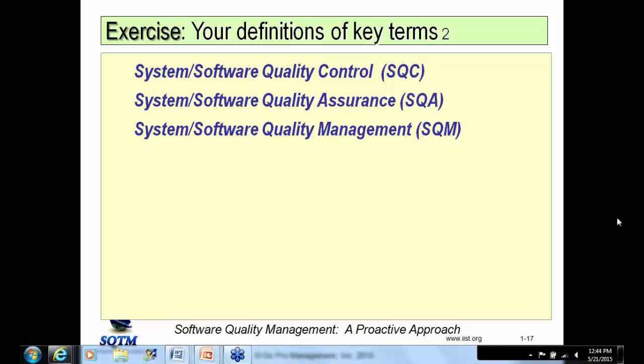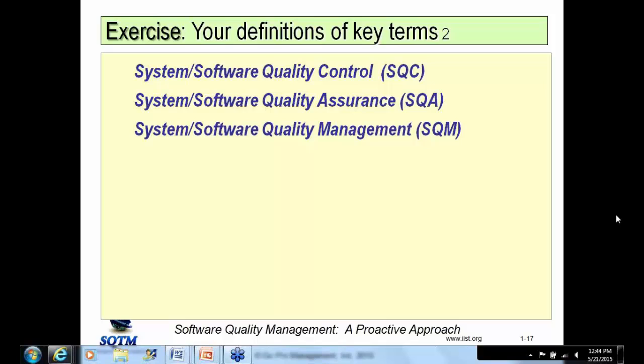Quality control goes on during evaluation. QA, how you represent that you controlled it. Okay, that's an interesting distinction. Quality control adheres to standards to meet certain criteria.